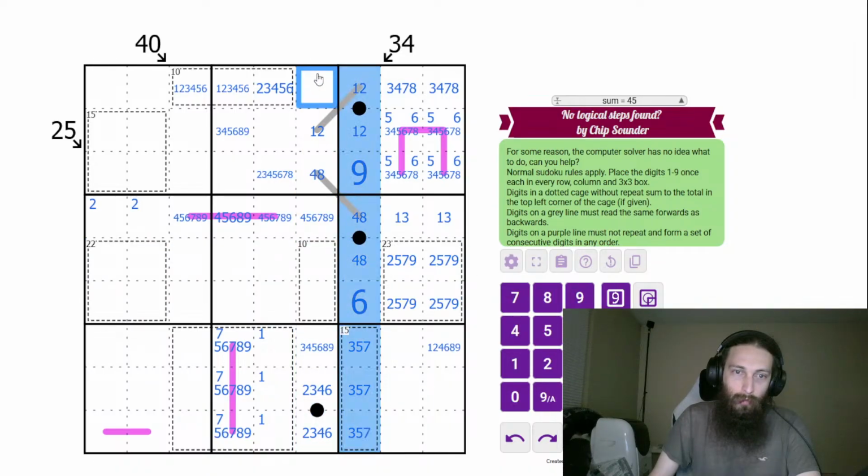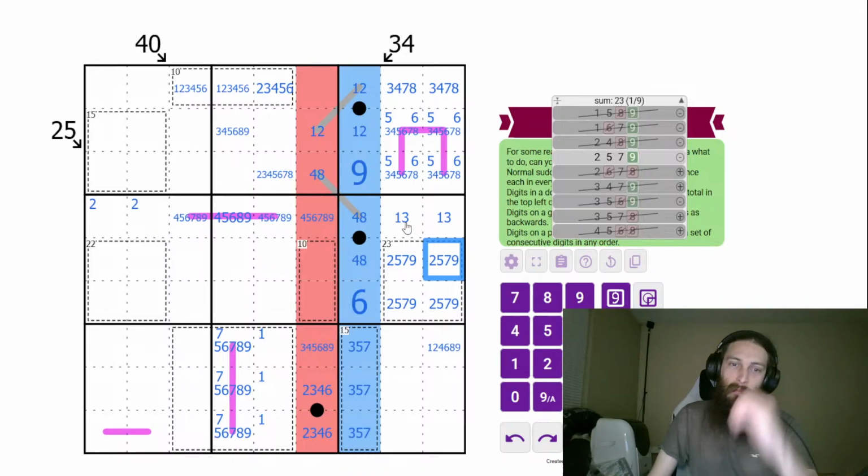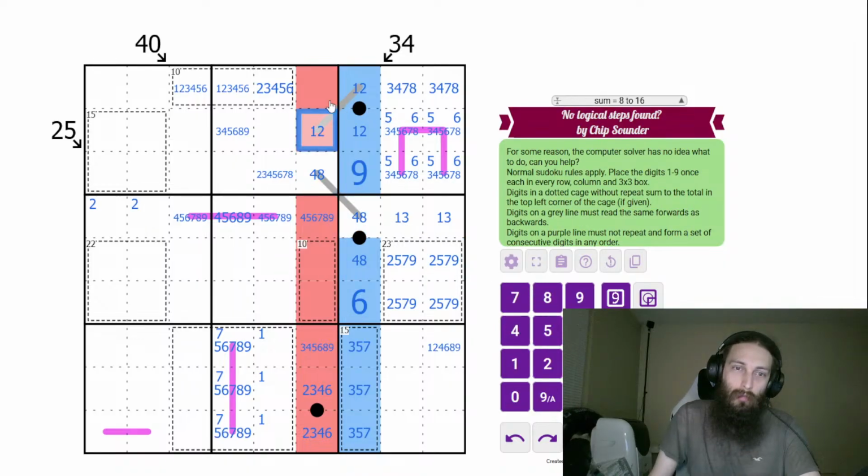If I make this blue and this red, then I know that gets removed, those get removed.